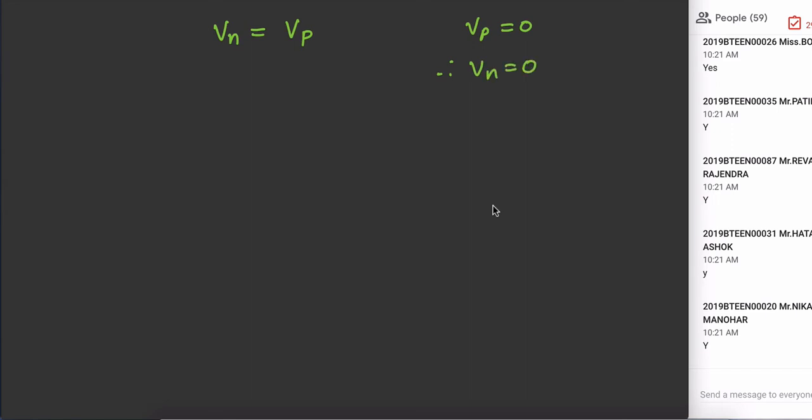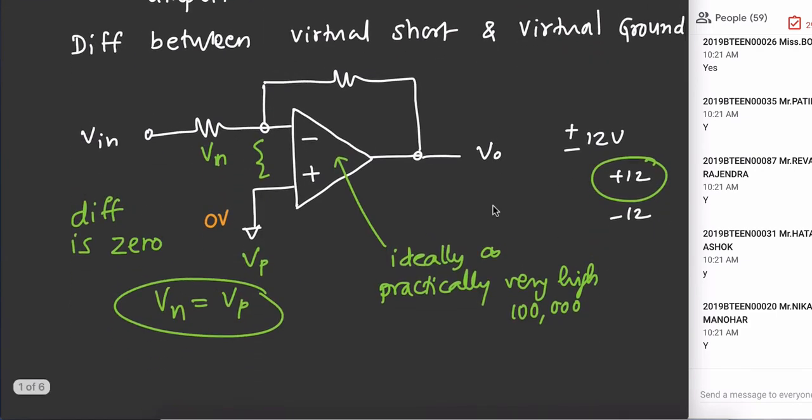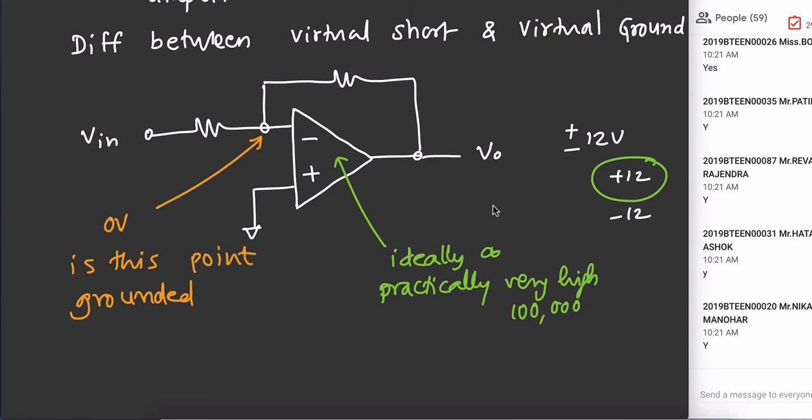So, it means the potential at this point, I'll rub out some of the things. Potential at this point will be 0 volt. Now, is this grounded? Is this point grounded?